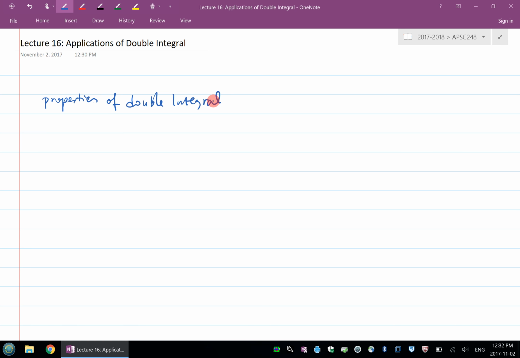Just as with integration of a single variable function, you have very similar properties for double integrals. Some of them are so obvious that I'll just skip them. But one of them that we use here is the so-called piecewise, or additive, property.